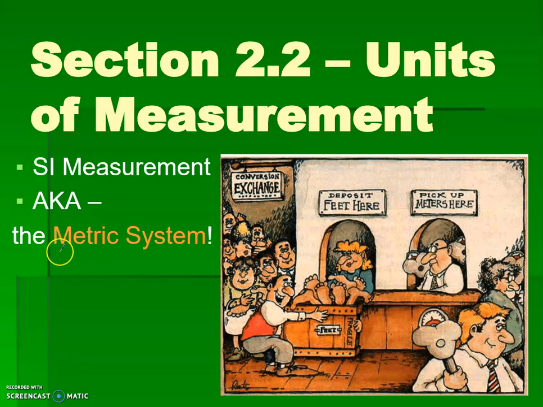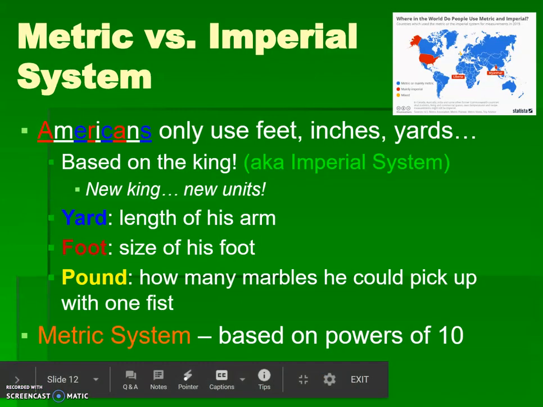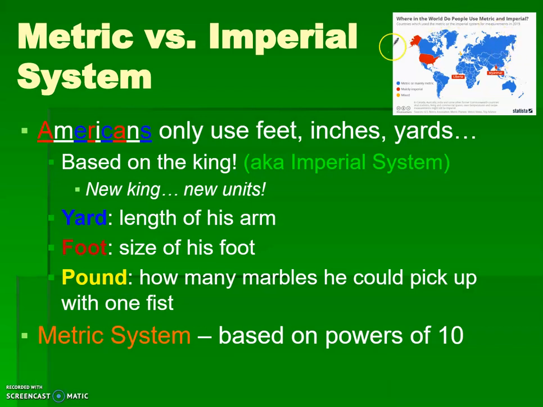The metric system is used throughout the world except for in 3 countries. So we're going to get rid of feet and we're going to pick up our meters here. All right, so the metric system is what most of the world uses. You can see on this map here, the metric system is going to be most of the world.